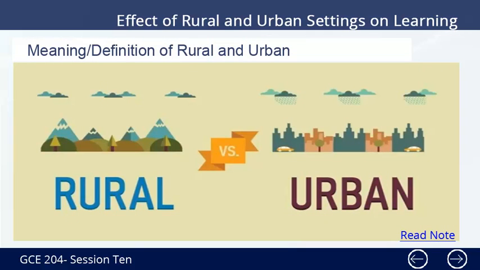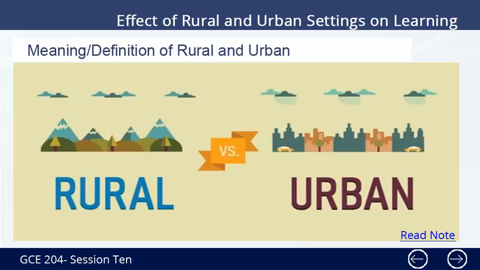Meaning, definition of rural and urban. There is a broad general consensus that the term rural refers empirically to populations living in areas of low density and small settlements. There are wide variations in the cutting points used operationally to distinguish rural from urban.